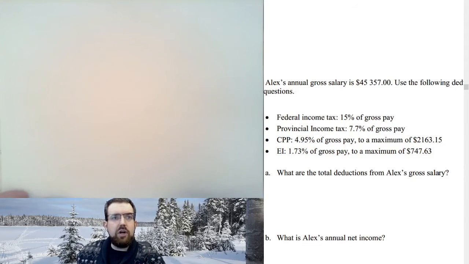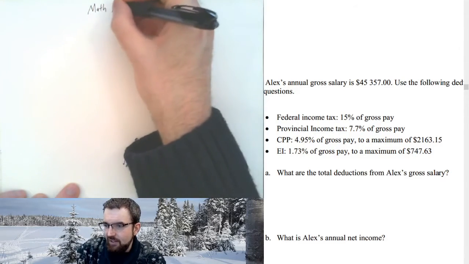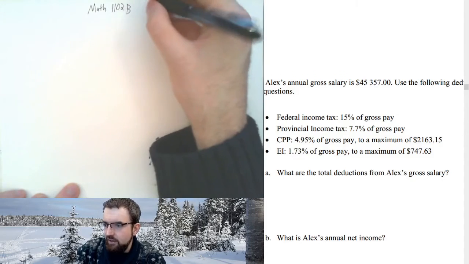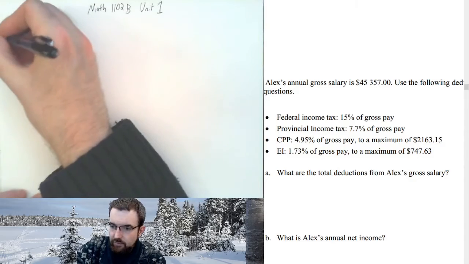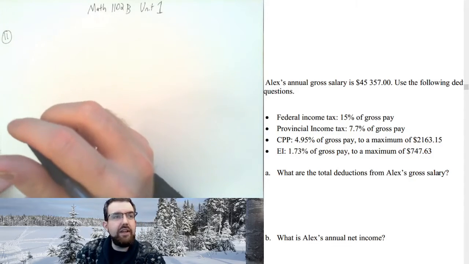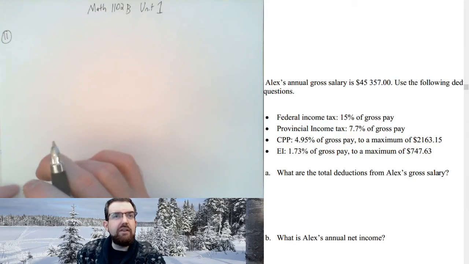Right? So I'm just going to show you how we would go about figuring out the total deductions here for question 11. So this is Math 1102B, and this is Unit 1. I'm going to do this question number 11 here, right? And this is Alex's gross salary, 45,357.